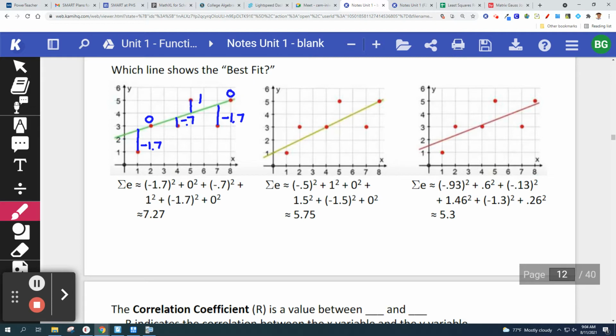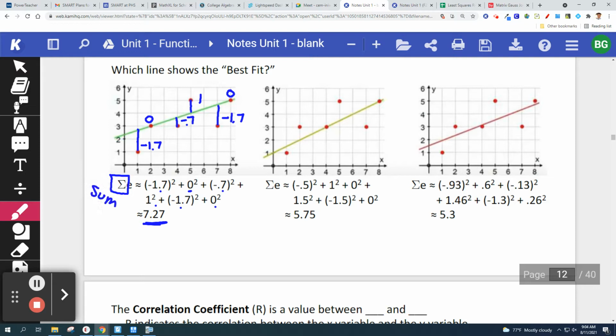Okay, so in least squares regression, we're taking the sum of the squares of those residual numbers. And that's what's happening right here to get to this number. So 7.27 is an approximation of the sum of those squared residuals. By the way, you better get used to this symbol, sigma. It's the Greek letter sigma, and sigma is talking about sum.